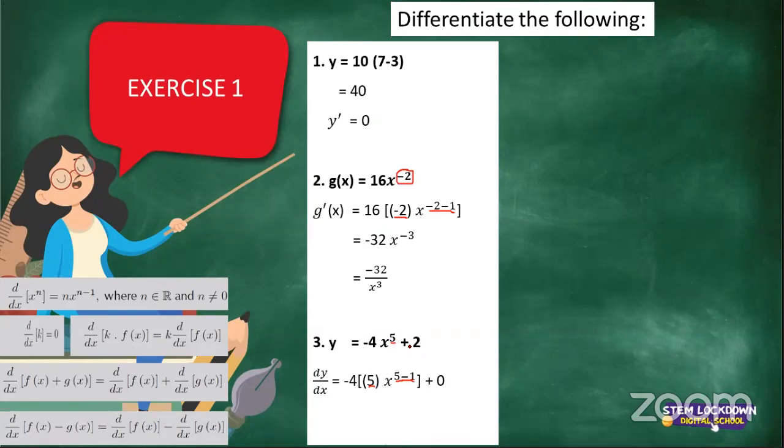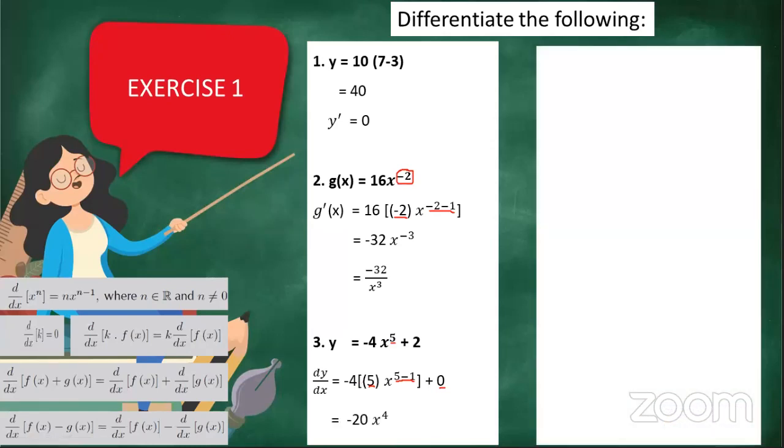The derivative of a constant is 0. Then you have your 5 multiplied by -4. Negative times positive is negative, and then you'll have -20x to the power of 4.